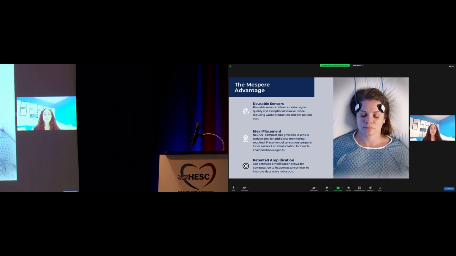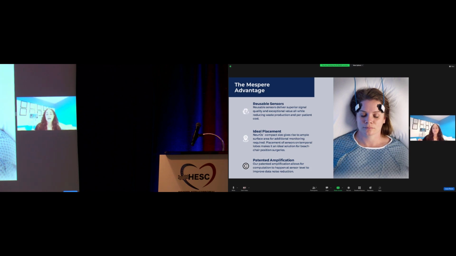So we're able to deliver superior signal quality and exceptional value, all while reducing waste production as well as per patient cost. With our sensors being reusable, we're disposing of a lot less plastic or any sort of components that need to go into making the sensors. By doing that, we're definitely reducing the cost needed to develop these sensors.